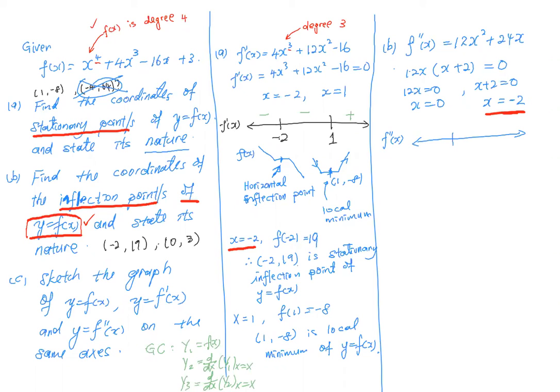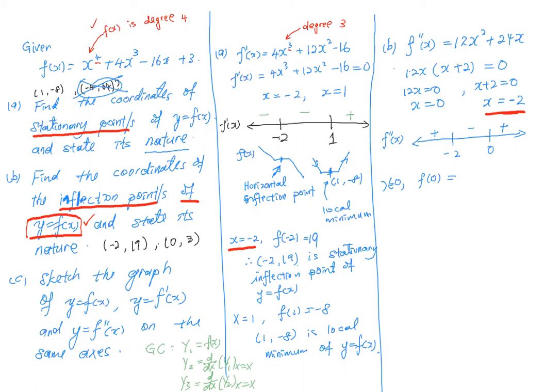Okay, I have to mark down -2 and 0. So you use your GC to determine the sign. This is positive, negative, positive. So when x equal to 0, I find my f(0).